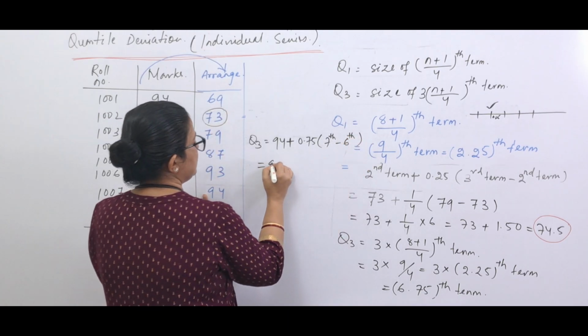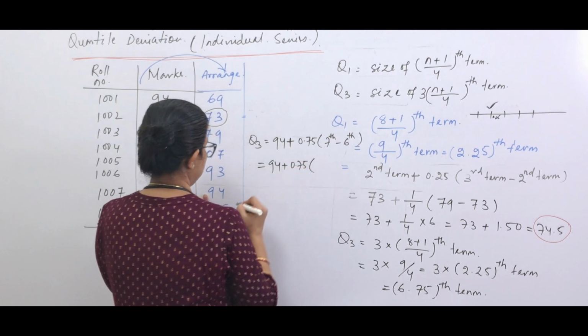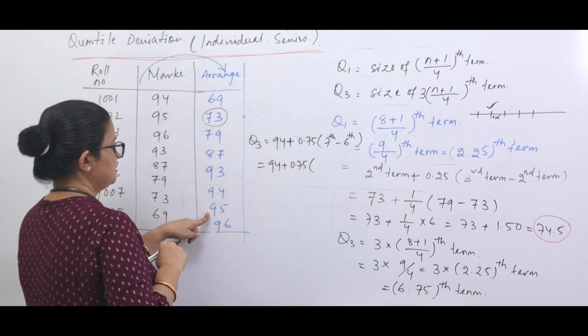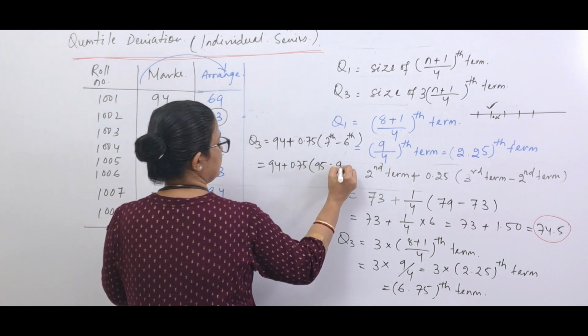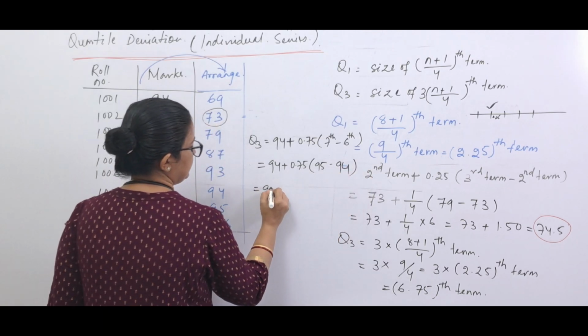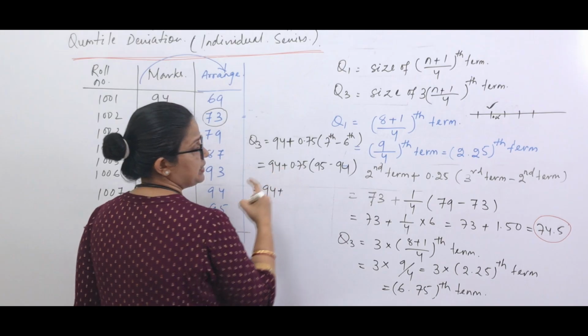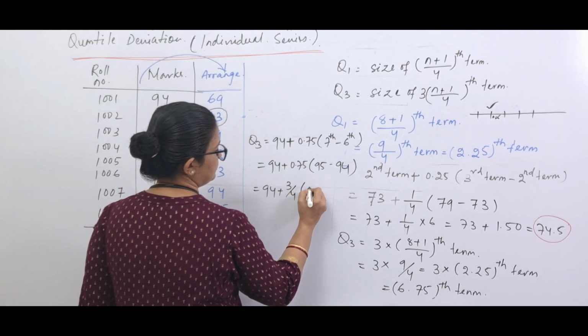Which is equal to 94 plus 0.75 of our 95 minus 94. 0.75 is 3 by 4, of 1.